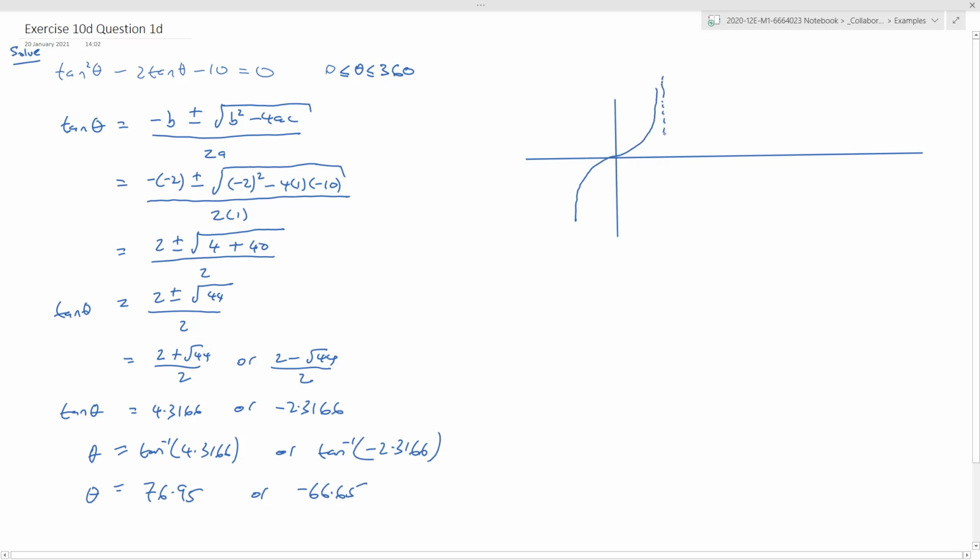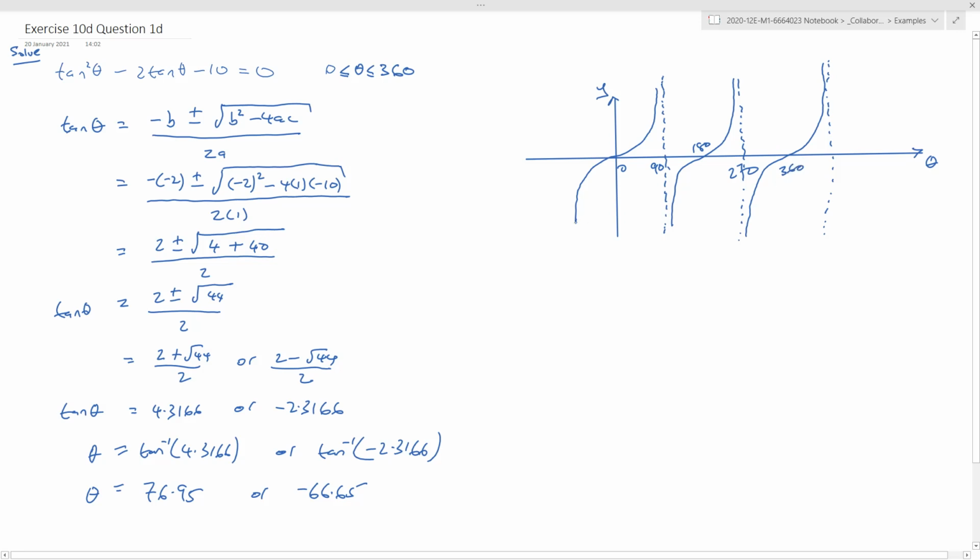It's asymptotic at 90 there. That's 0. There's your y and there's your theta. And that's 90. Then we go again, and because it repeats every 180 degrees, that's 180. And it's asymptotic then at 270. And it repeats again every 180, and we stop here at 360 degrees.